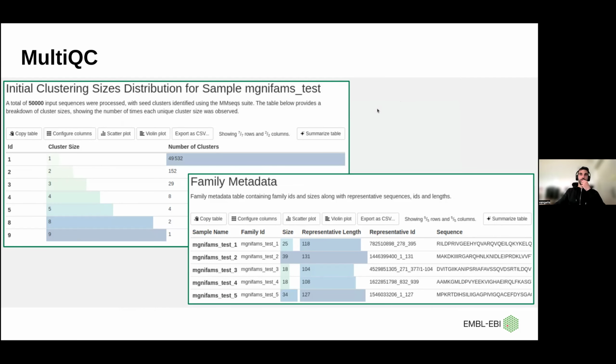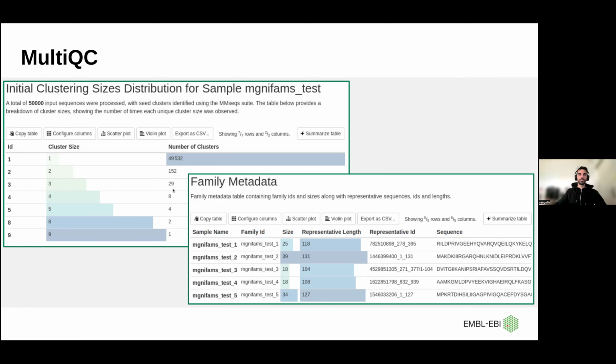Currently, the MultiQC outputs are not very rich because none of the modules that we're using currently provide automated MultiQC reports. So we provide our own. One for the initial clustering, which shows the size distribution of the originally created clusters from MMseqs, how many clusters have size of 1, and how many clusters, here 29 clusters, have cluster size of 3.